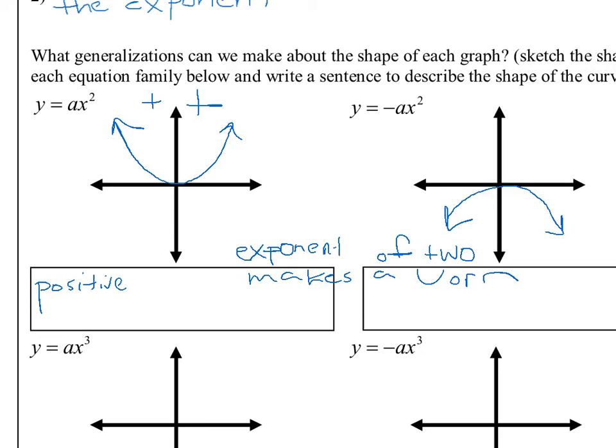Exponent of 2 makes a U. Positive coefficients smile because they're positive, they're happy. And negative coefficients frown because they're unhappy, they're negative.